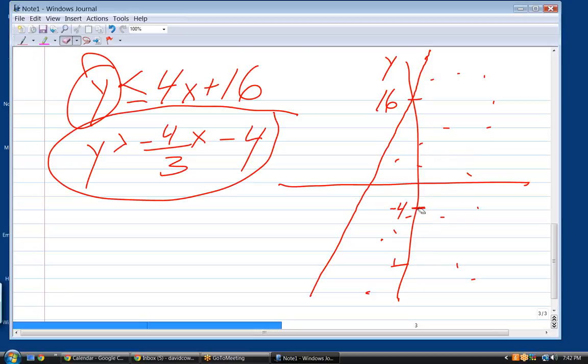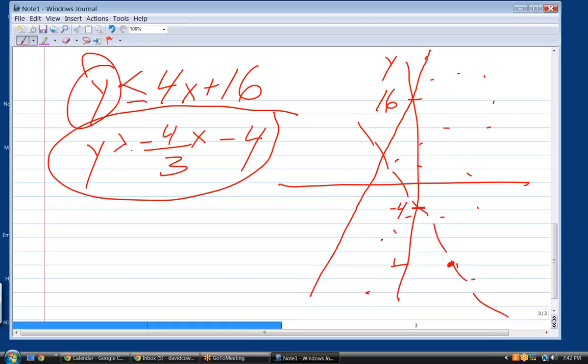So I can get that same line by going down 4 to the right 3, graphing that point right there, and then connecting it. And this time I'm going to use a dotted line. Now, which side of that dotted line am I on?